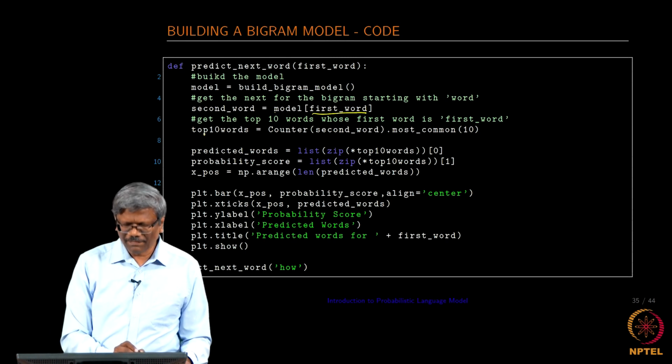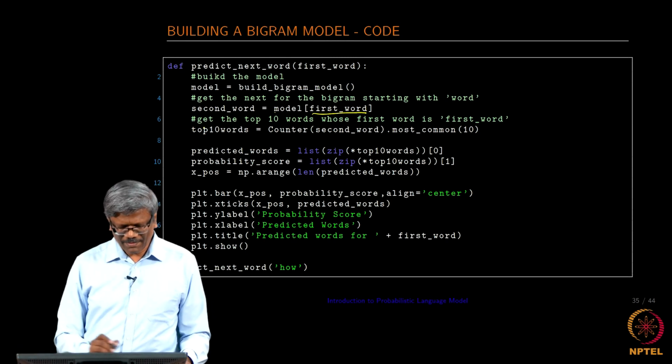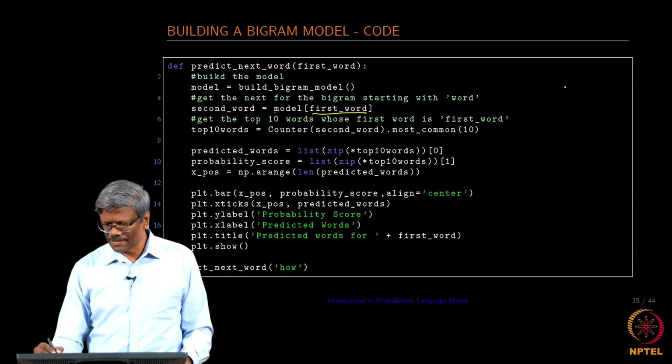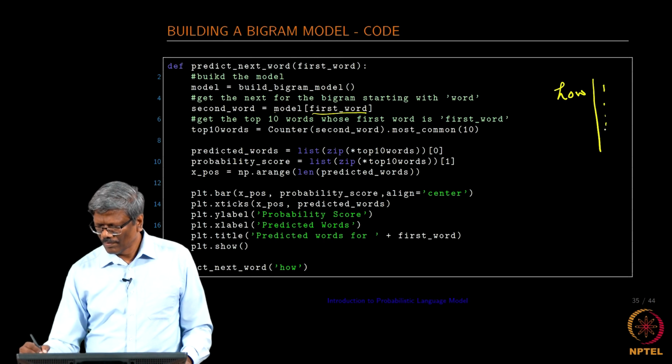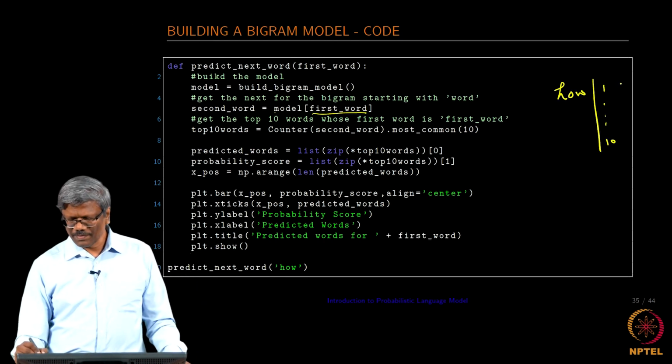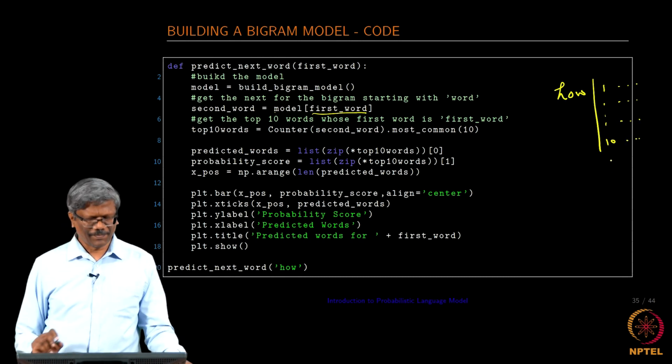So, instead of picking everything, I want to only take the top 10. So, I will only pick up the top 10 words for how. All these probabilities of the words would also be known. So, each one is a word here.